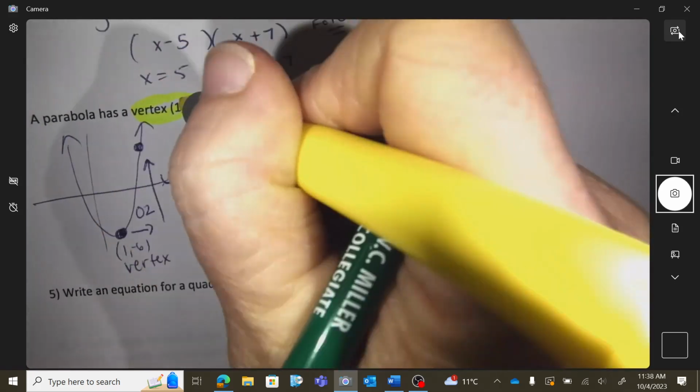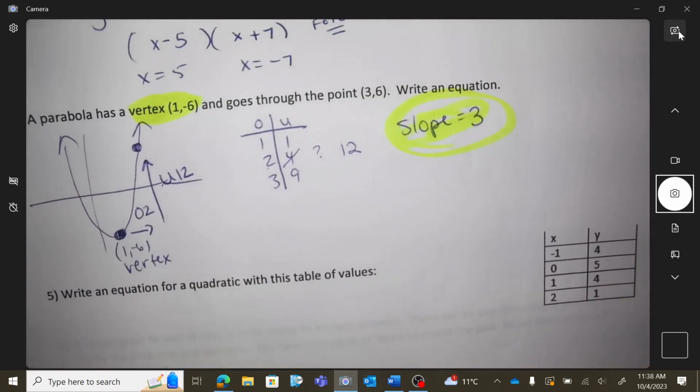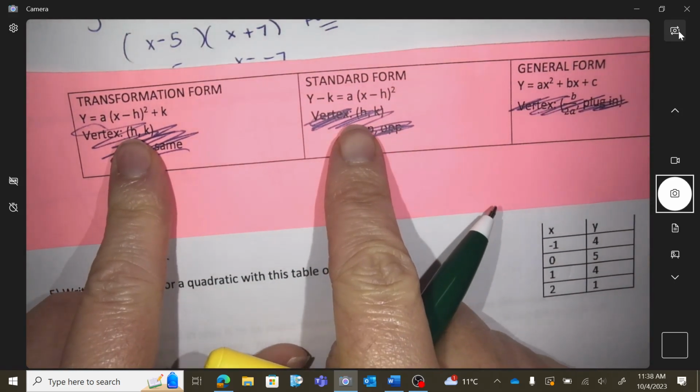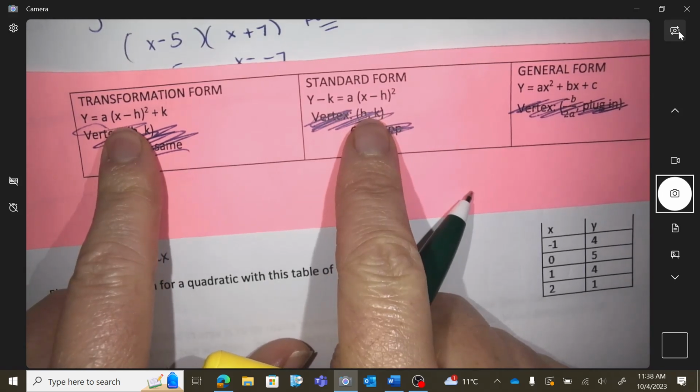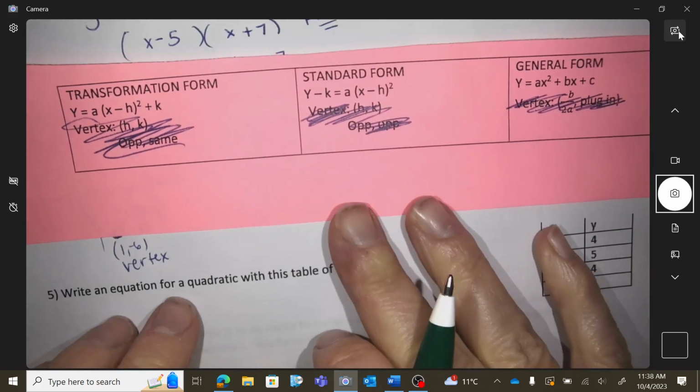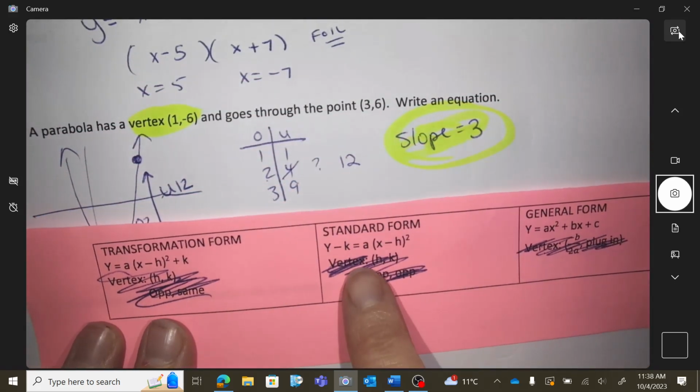Slope, vertex. That's the big idea. Slope and vertex. So you have two options. You can either do this one or this one. They both work. It just depends on where you want to put that number. I personally pick this one.